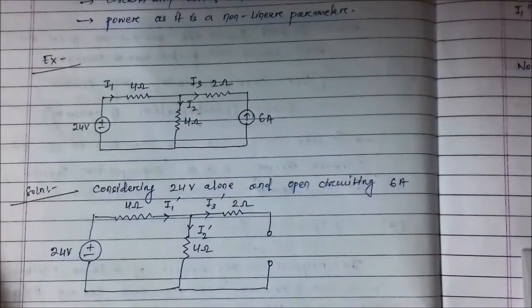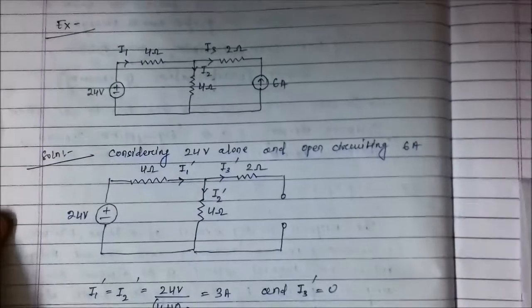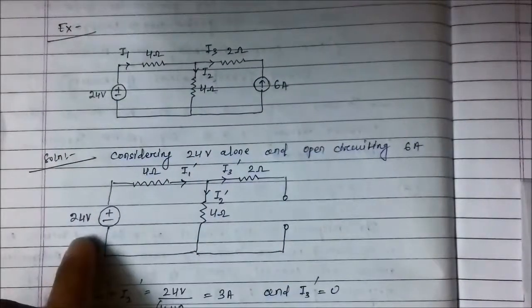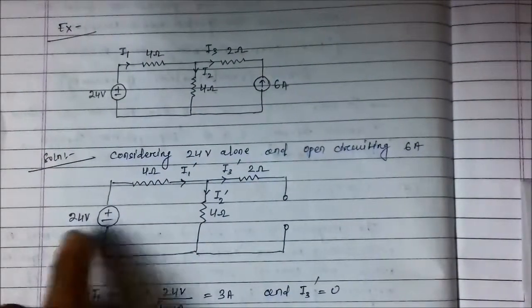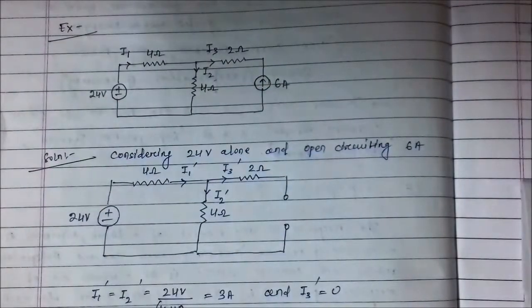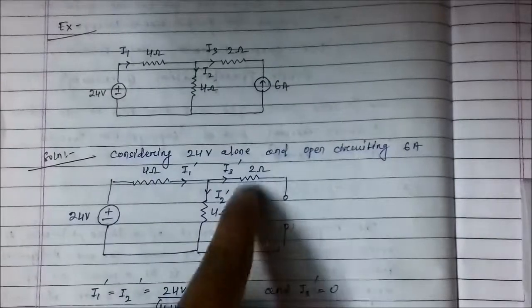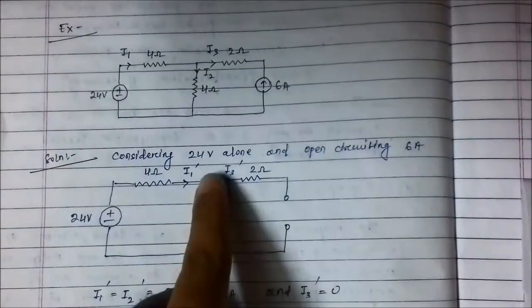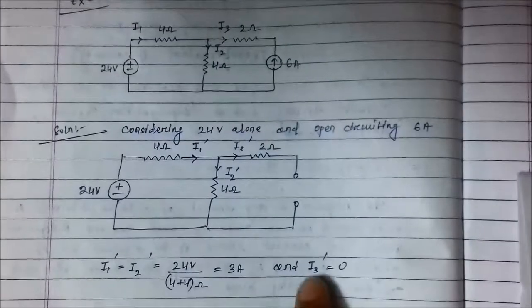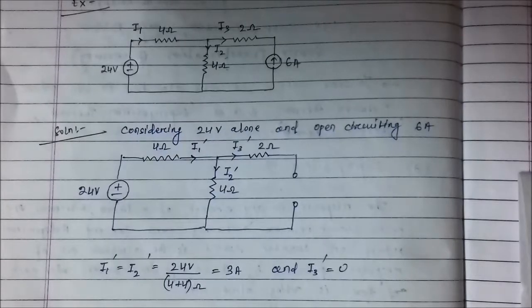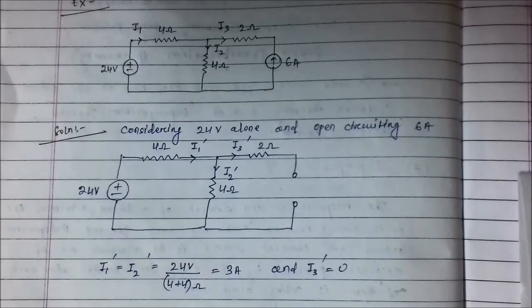Okay, let's do it so that you see for yourself. First we consider the 24 volt source only. We have deactivated the 6 ampere current source by open circuiting it. As it is open circuited, this value I3 dash is equal to 0, as no current flows through an open circuit path.